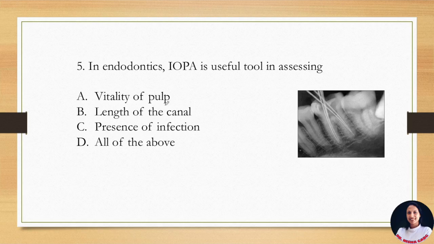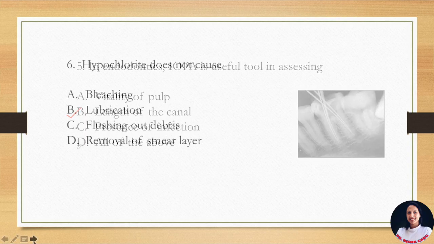Infection cannot be seen on the IOPA till it causes radiographic changes in the bone, and that occurs in case of chronic or long standing infection. Working length can be calculated by putting the instrument in the canal and taking the IOPA. So if we look at the options, option B is the correct answer.